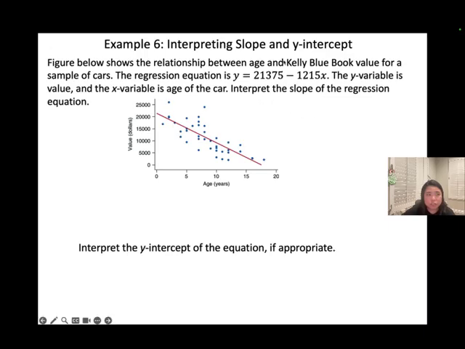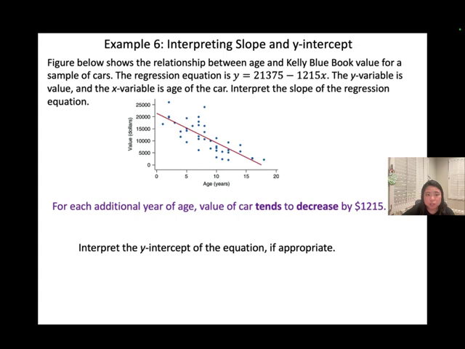For each additional year of age, the value of the car will be decreased by 1,215, because the slope is negative. So we say each additional year of age is associated with a decrease of 1,215 in value.